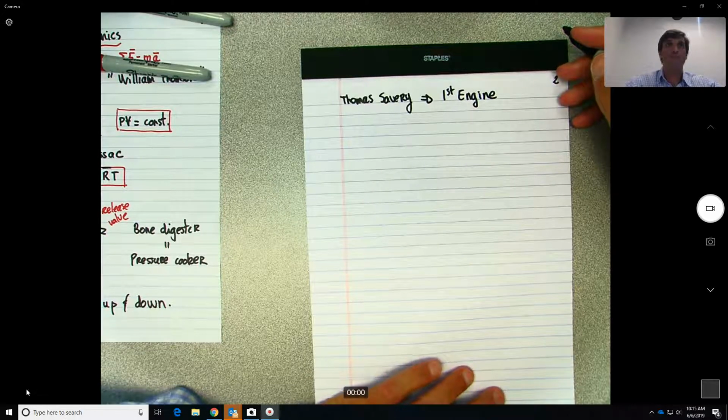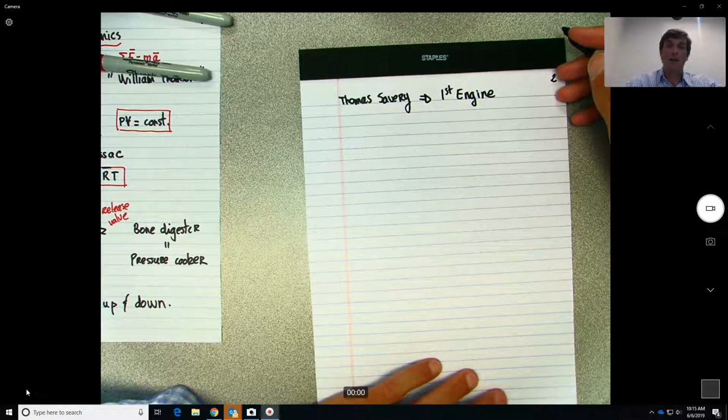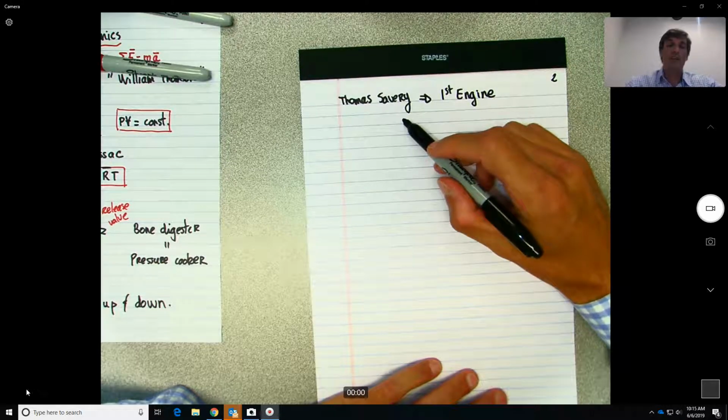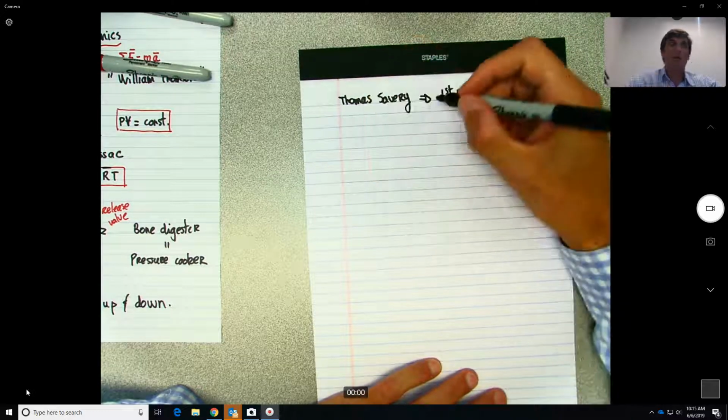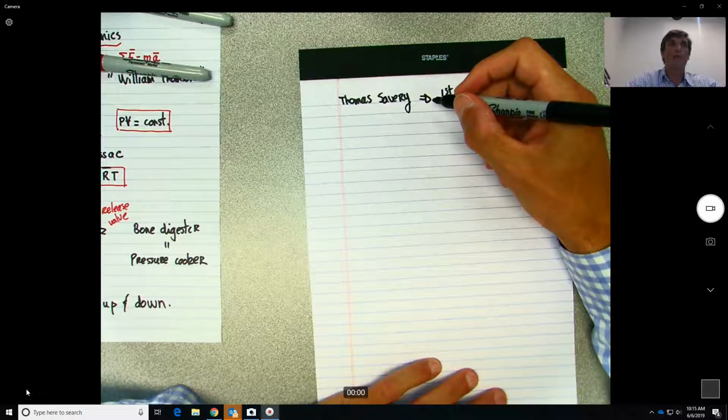Okay. All right, so that wasn't really the first engine. There were other ones, so maybe we can talk about them. It was the Thomas Savery engine, about the same, basically just a small improvement.